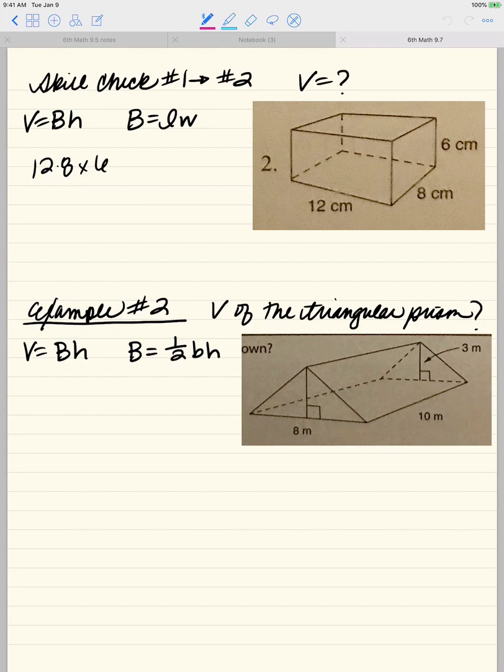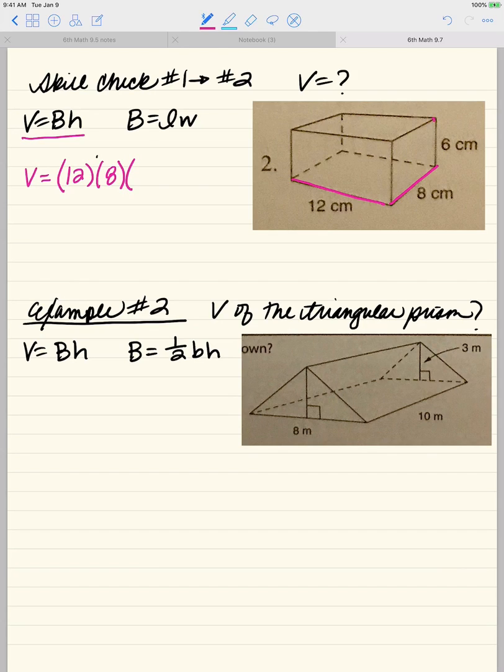Box skill check number 1. Number 2, what is the volume? Okay, I guess I already wrote that there. I want to walk you through it though. So volume is equal to big B times H, where big B is length times width. Here's our length, 12. Here's our width, 8.